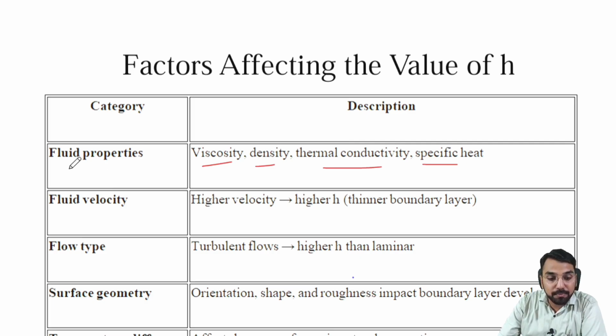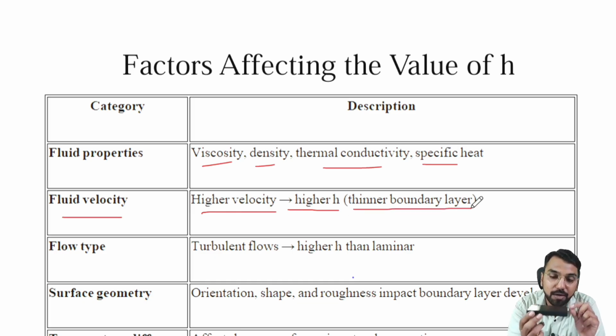These properties very much affect the value of H. Fluid velocity also, as I just stated, the higher the fluid velocity, the higher the value of H that will be obtained, that is, the thinner the boundary layer. The boundary layer is the first layer that comes into contact with the hot plate to transfer heat by conduction, and when this layer is thinner, the convective heat transfer coefficient value will be more.